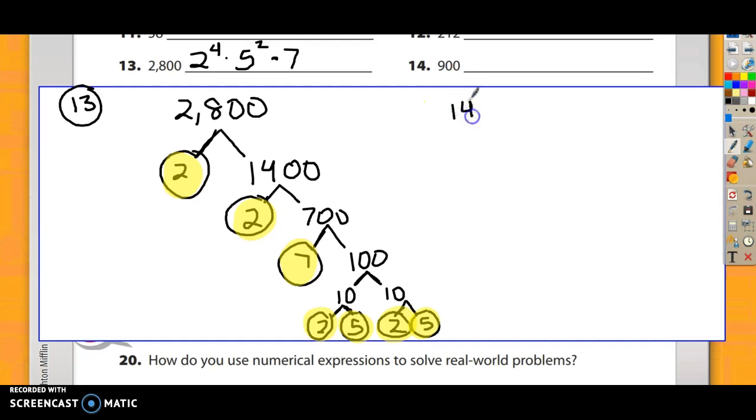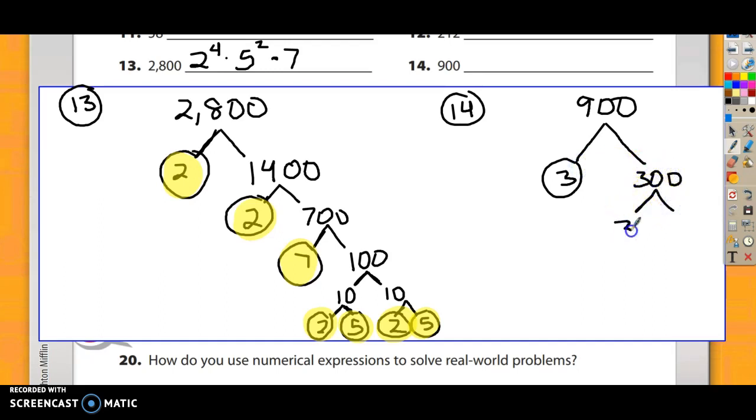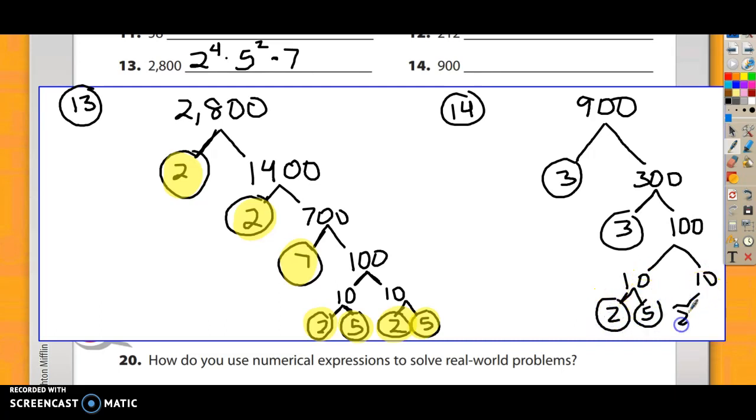Number 14 is 900. There's different ways to do this. I might just do 3 times 300. And I might just do 3 times 100. And I already did 100 over there. It's going to be 10 times 10, which is going to be 5 times 2. And 5 times 2.